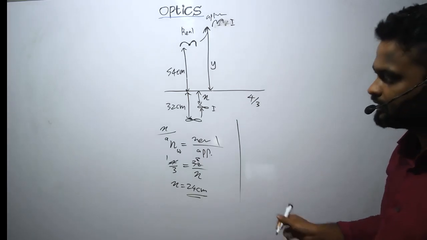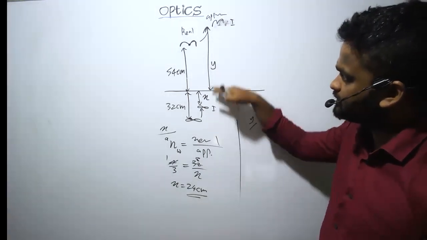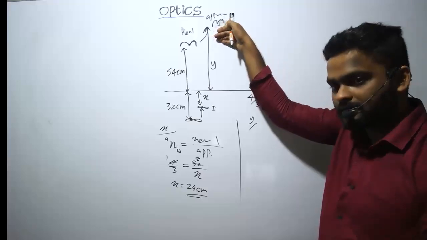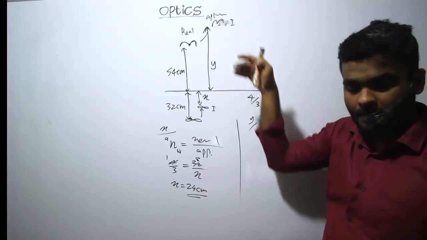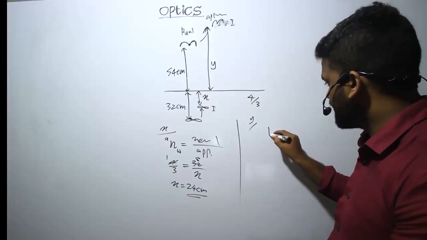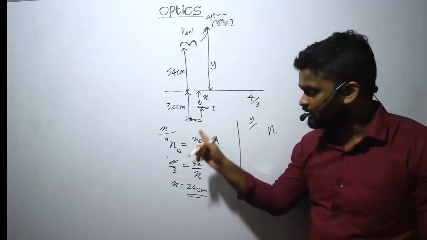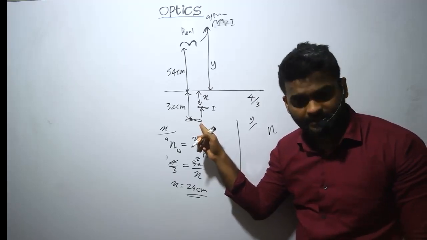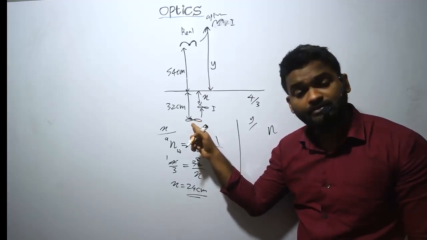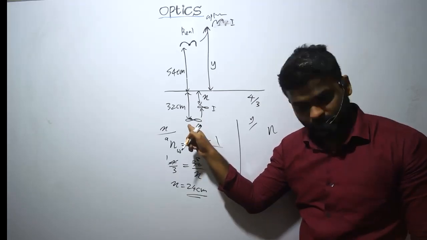Then we need to find y. When you look at a rarer medium from a denser medium, you see it away. So now where's the eye? Now you are thinking about how the fish sees, the eye of the fish. Now the eye is in water.